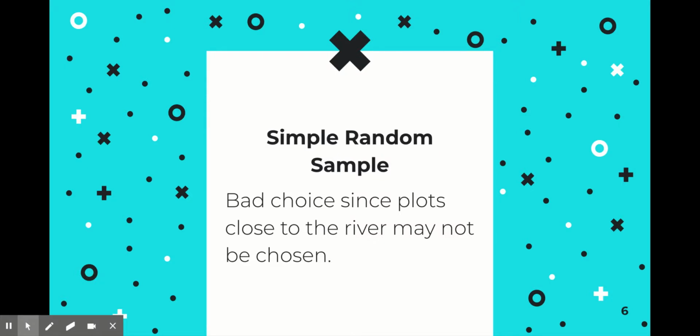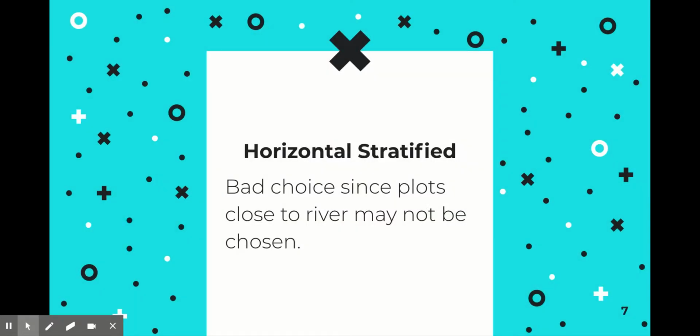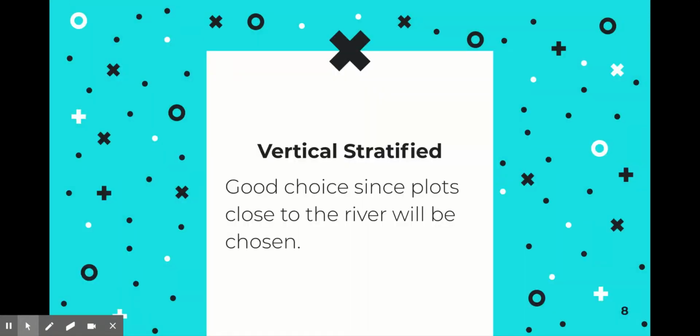A simple random sample would be a bad choice since plots close to the river may not be chosen. A horizontal stratified sample is also a bad choice since plots close to the river may not be chosen. A vertical stratified is a good choice since plots close to the river will be chosen.